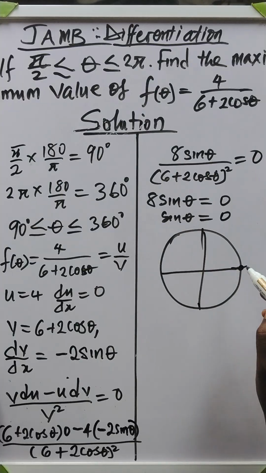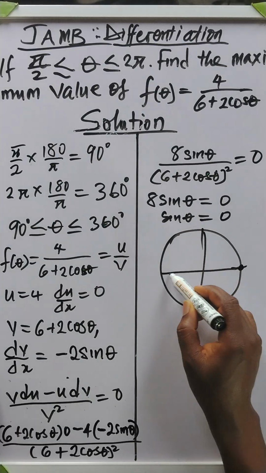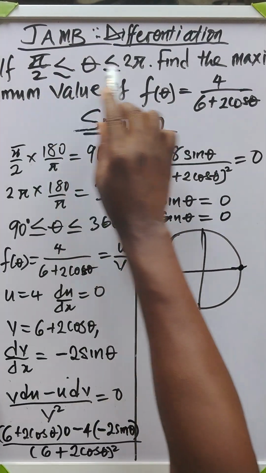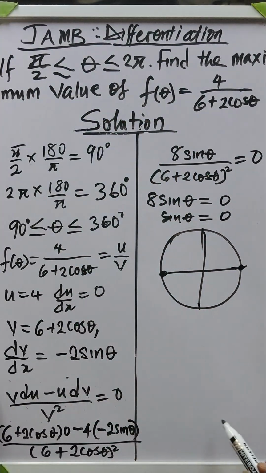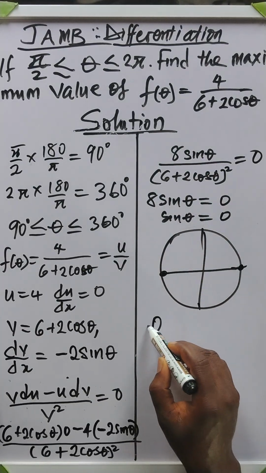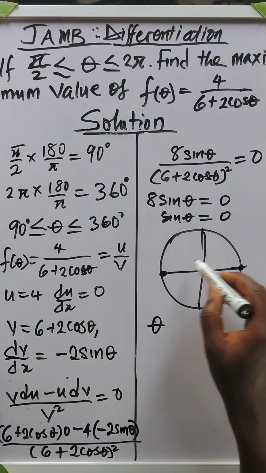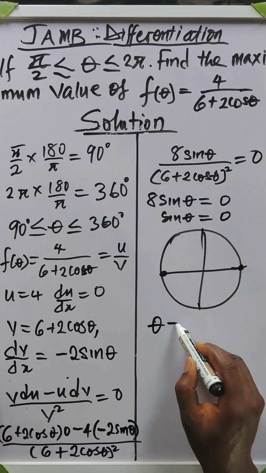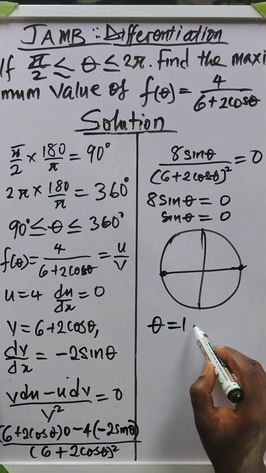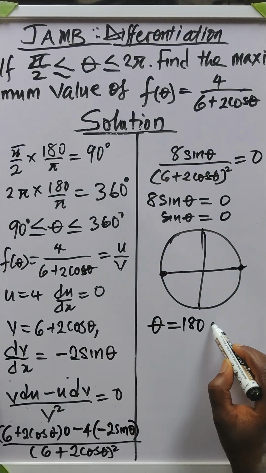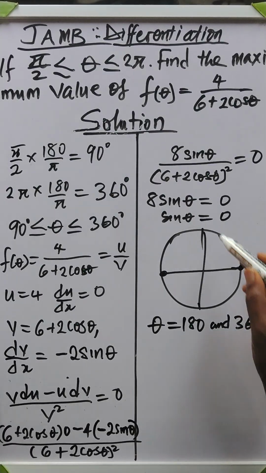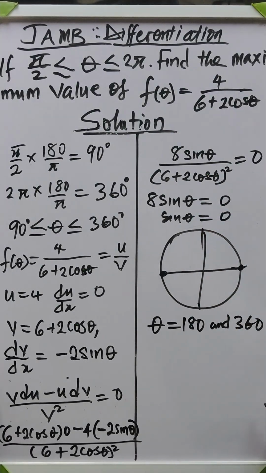At 0, at 180, and at 360. But we have a limit here. We are supposed to work from 90 to 360. So the possible values of theta here are 180 and 360, because these are the values that will give me sine theta equal to 0.